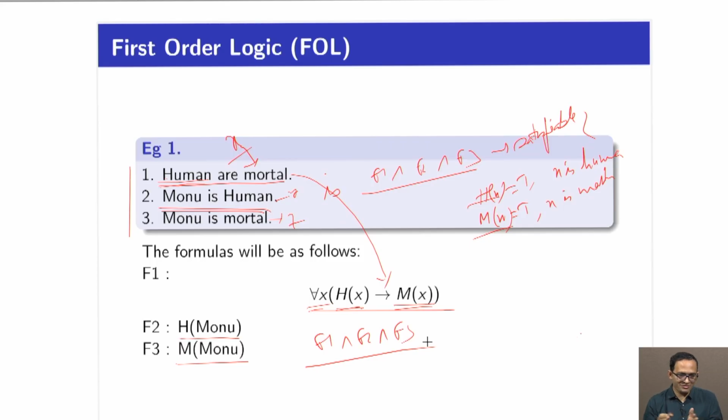In this case all the 3 statements are consistent and true, but in other cases the statements are not consistent with each other. Okay. I hope you see the difference between first order logic and propositional logic.